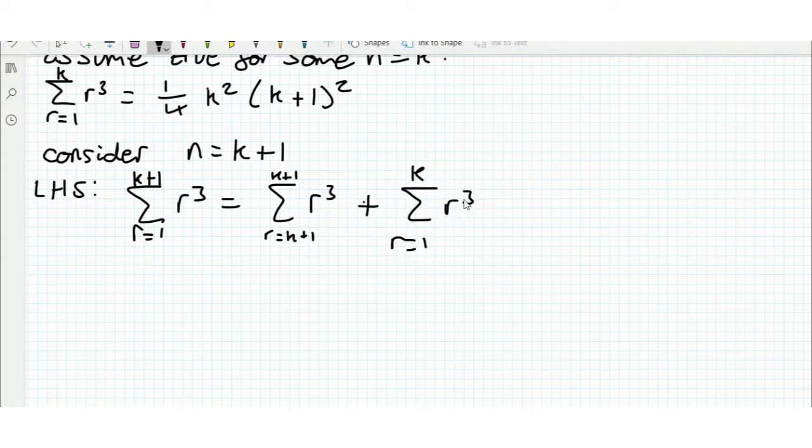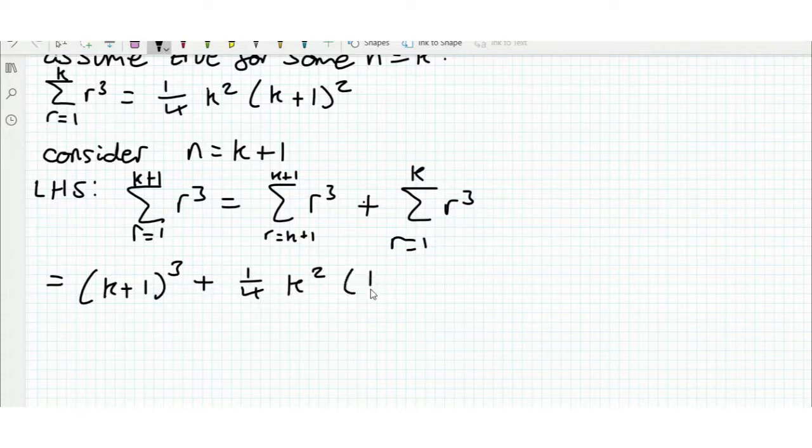This is because the sum to k plus 1 is the sum to k with one extra term added, and that term is just k plus 1 cubed. That's added to all this, but from our assumption, this is equal to 1/4 k squared k plus 1 squared.